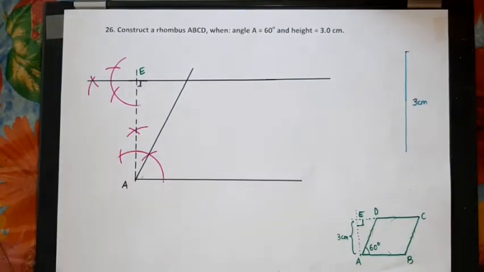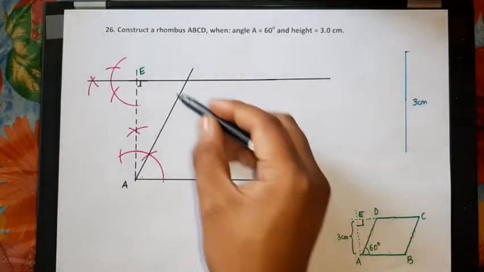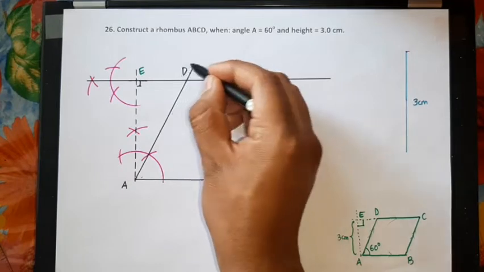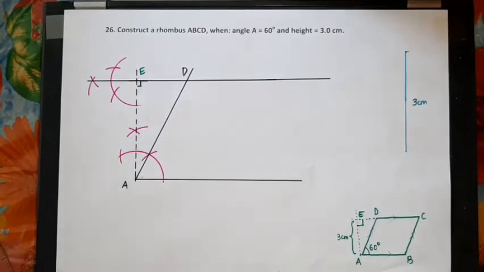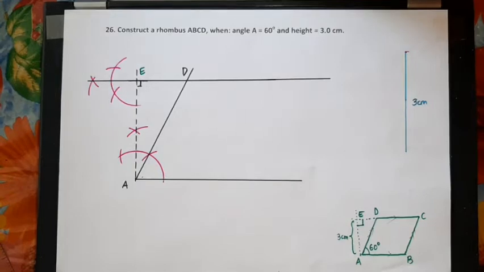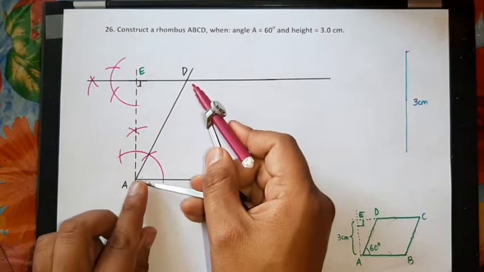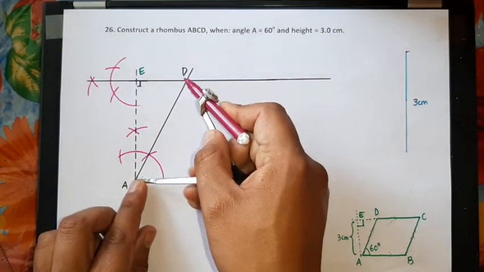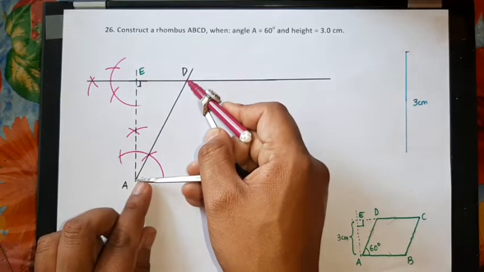Fine. Now we got one of the sides, if you see here carefully, that is AD. This point of intersection will be my AD. Now since this is a rhombus, all sides will be equal, right? So let us take the radius to be AD, because we know that all the sides will be equal. So I have taken the radius to be exactly equal to AD.